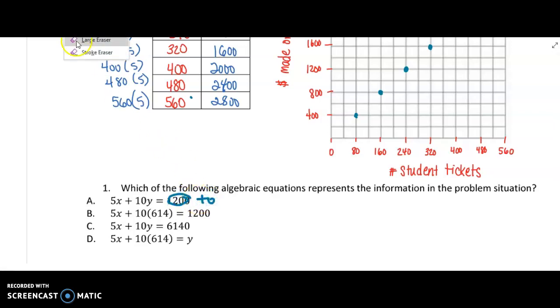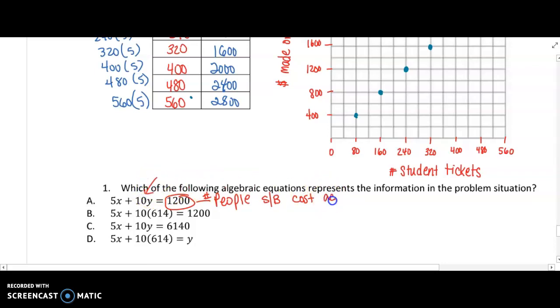This should be the total cost, and this is actually the number of people, and it should be cost according to the left side of the equation.